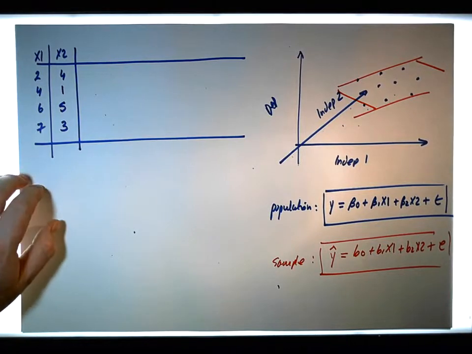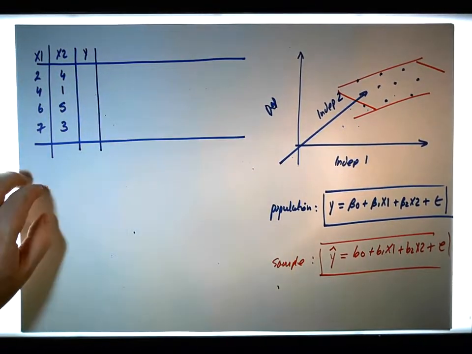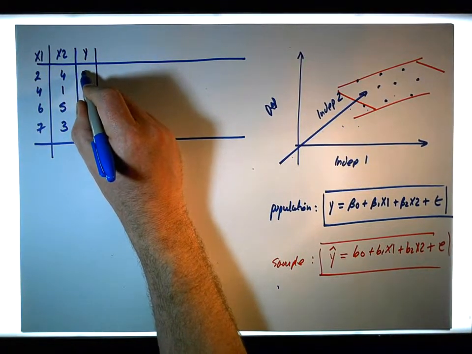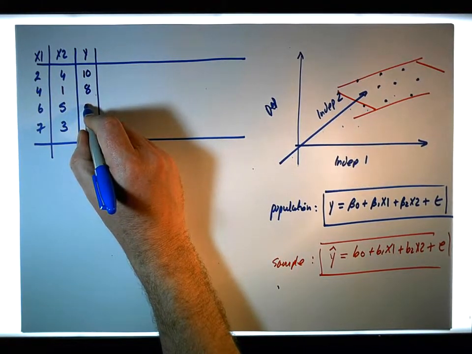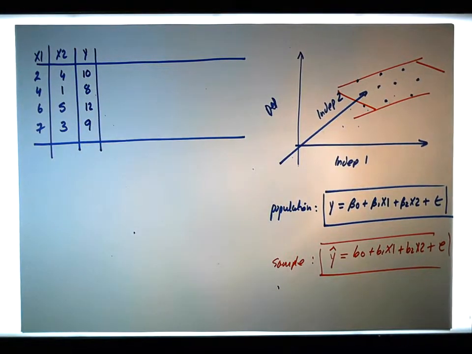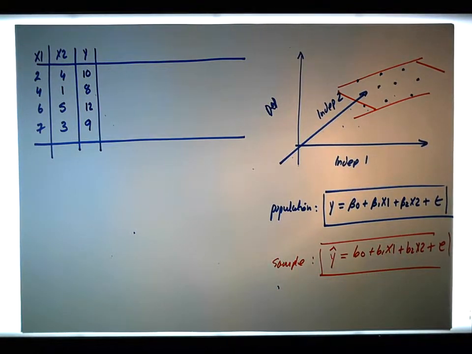And let's say we have a dependent variable y, and the observations are 10, 8, 12, and 9. What we want to do is calculate B0, B1, and B2 in relation to this particular model.